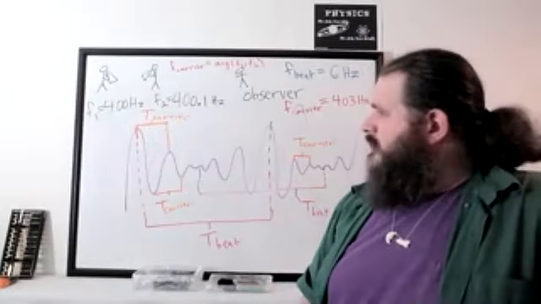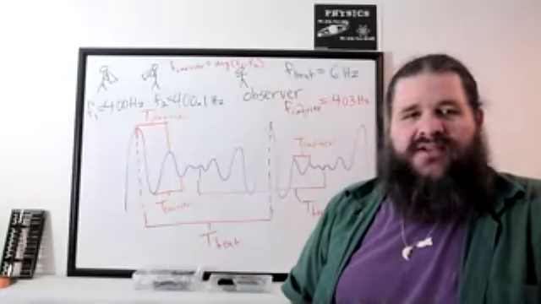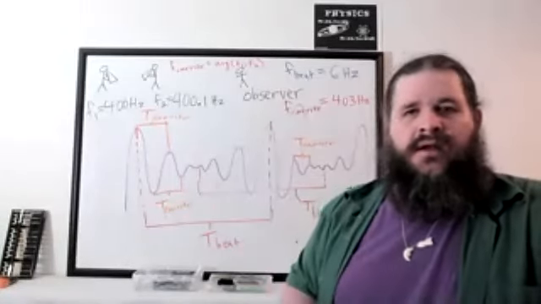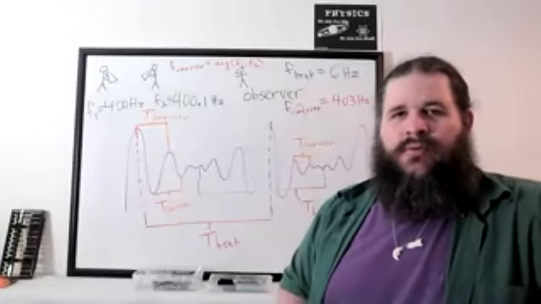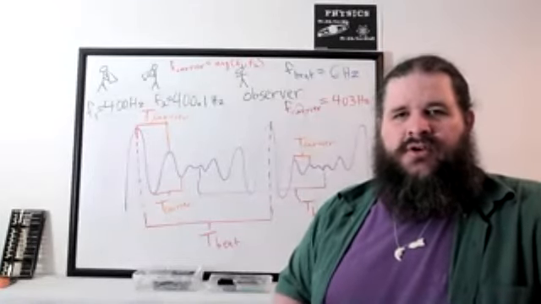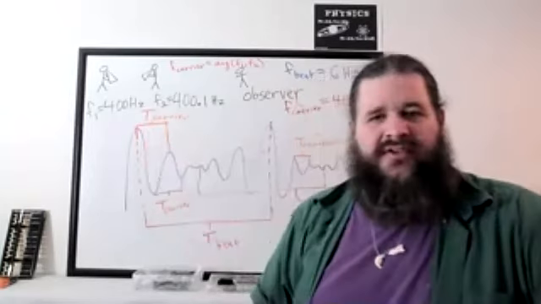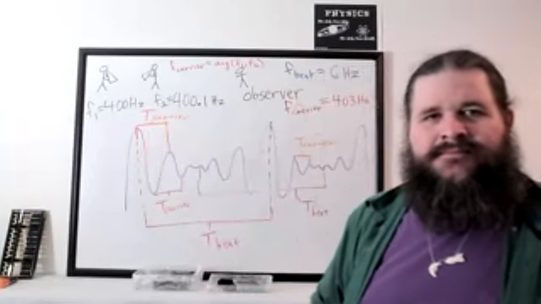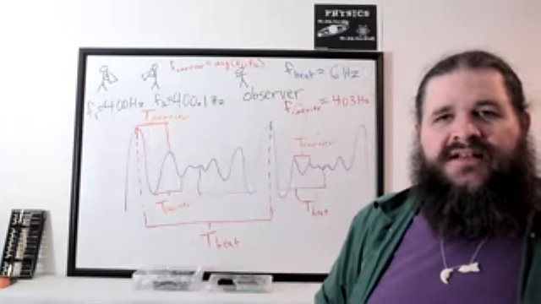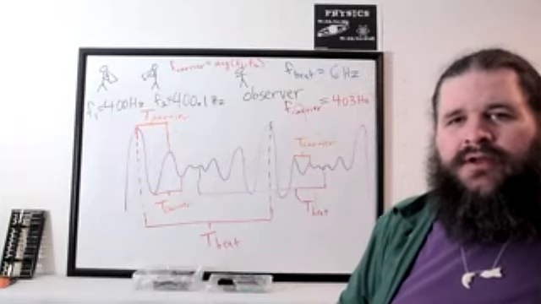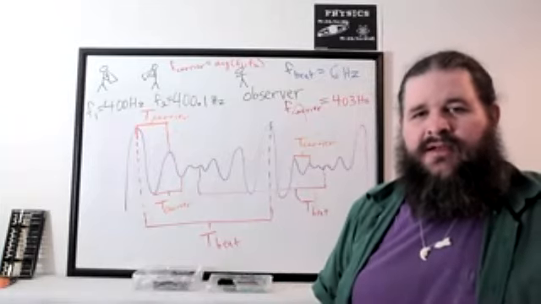So for instance, a beat period of 3 seconds means it takes 3 seconds to go from loud to quiet to loud. That would also mean a beat frequency of 1/3 hertz, which means you only get 1/3 of the way from loud to the next loud over the course of a second. So it's exactly the same as the usual relationship between period and frequency. They're inverses of each other, cycles per second versus seconds per cycle.